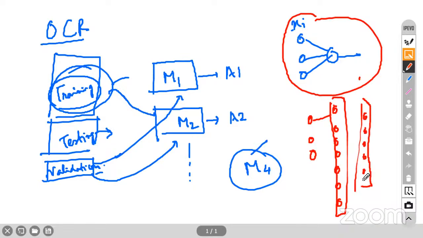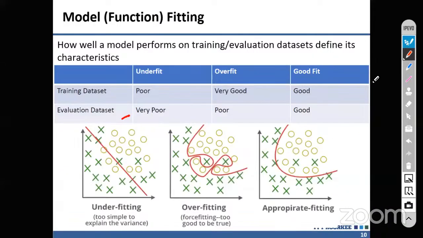So I can develop so many, and then a third layer, fourth layer. So here the number of weights is large, so your results will be very good in that data set.